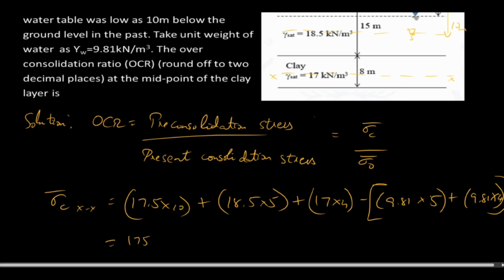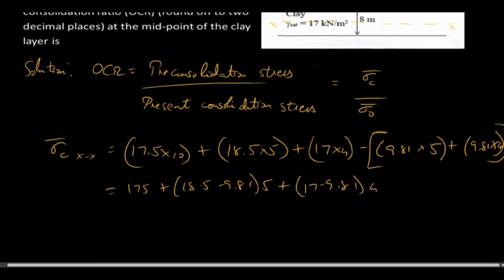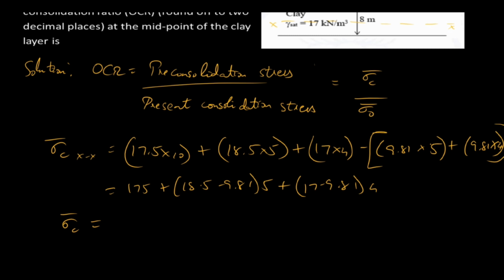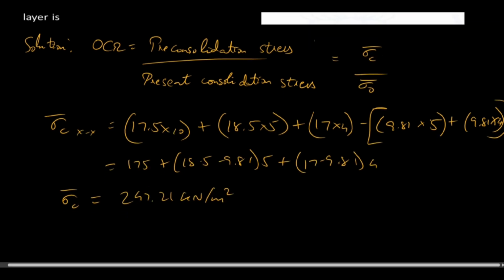That is 175 plus 18.5 minus 9.81 into 5 plus 17 minus 9.81 into 4, which gives sigma c dash equal to 247.21 kilonewton per meter square.